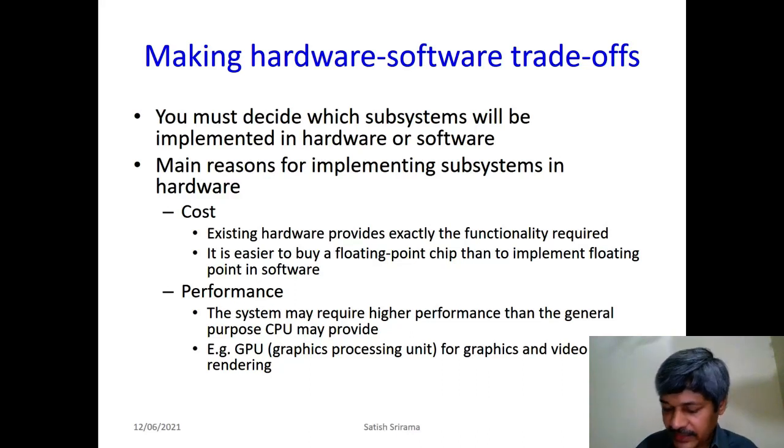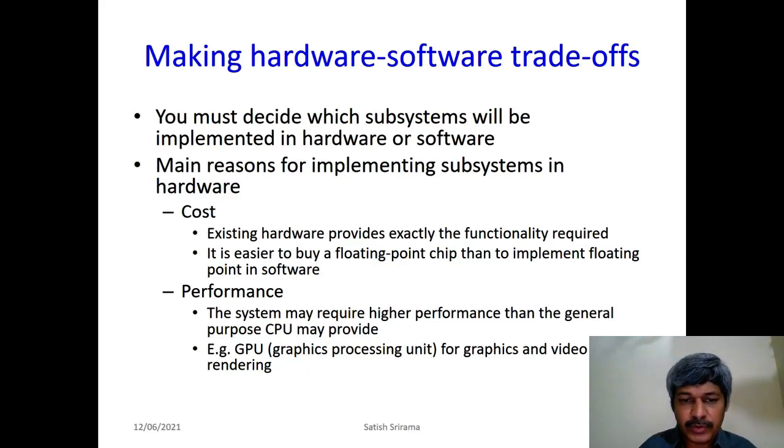There is also another aspect, the performance. The system may require higher performance than the general purpose CPU may provide. There can be situations where your application requires that. For example, if your application is a gaming application, you may need to do a lot of graphics rendering and graphics processing, and similarly if it requires a lot of video processing.